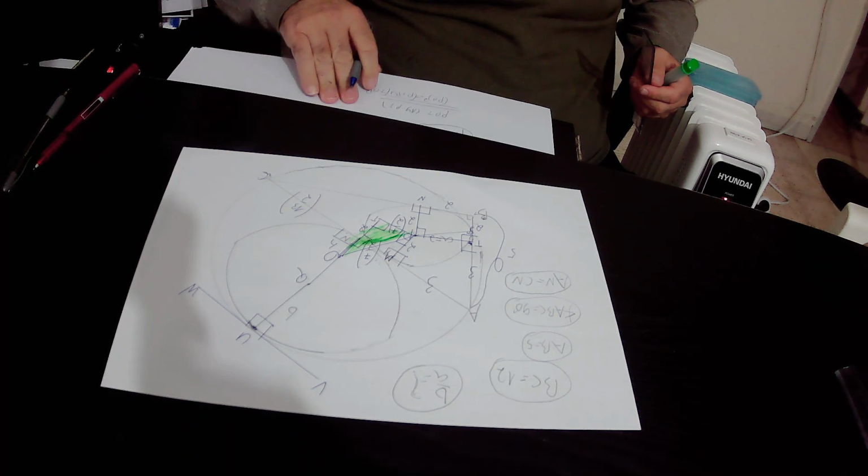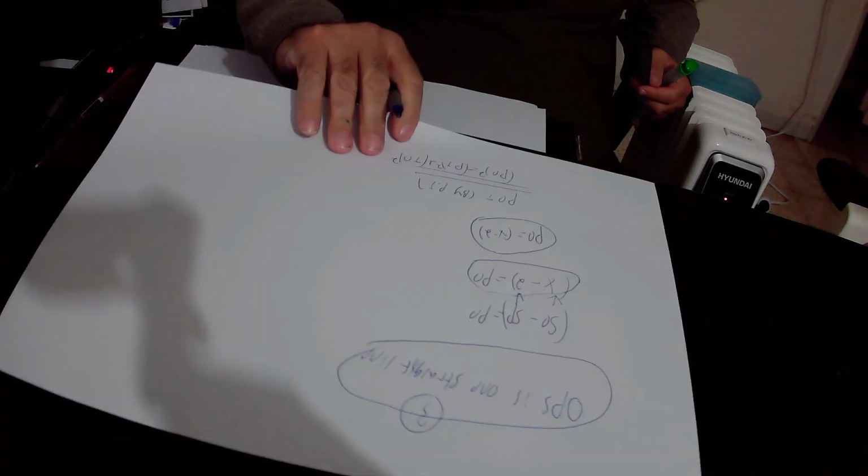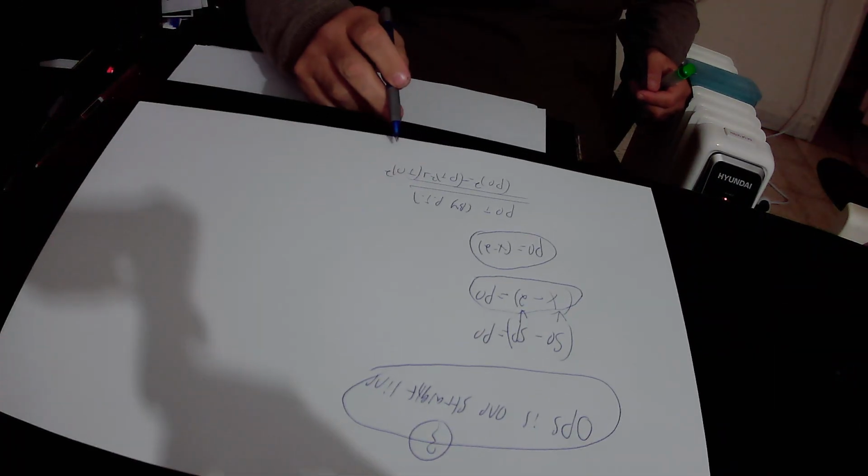Repeat again. According to the Pythagoras theorem, in the right triangle POT, PO square equals PT square plus TO square.